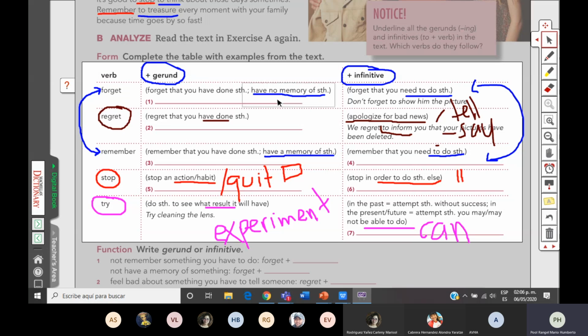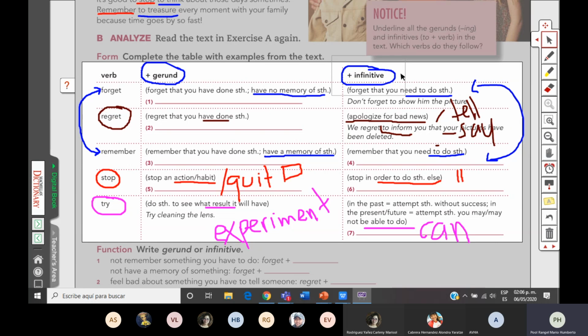Pero acuérdense, cuando sea cuestión de memoria, ya sea con forget o con remember, es con gerundio, ing. Piensen en la película de Intensamente, las memorias grises son forget. Y luego lo que tenemos que hacer, ir al súper, hacer la tarea, lavar, lo que sea, es con infinitivo.